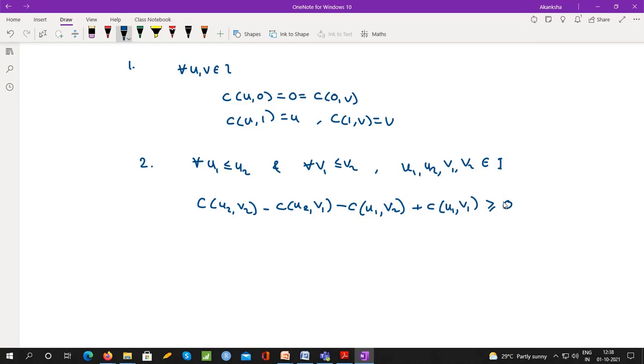Why? Because we have said that this is a two-increasing function, correct? In the definition of subcopula we said that it is grounded and two-increasing. Okay, so far?